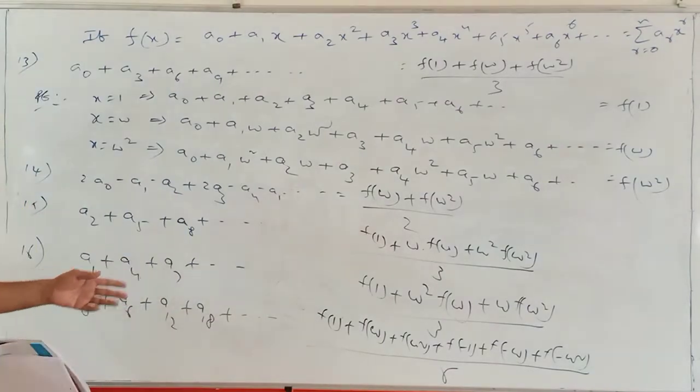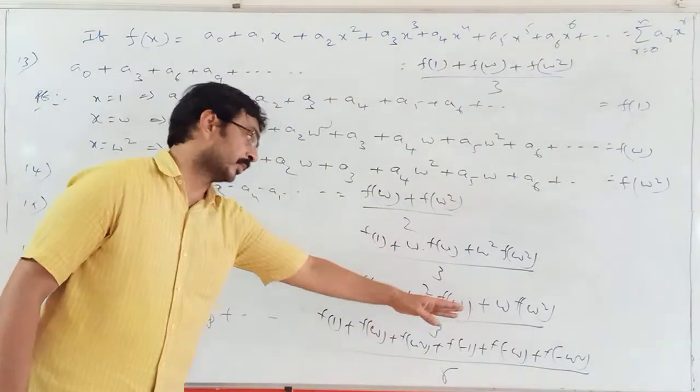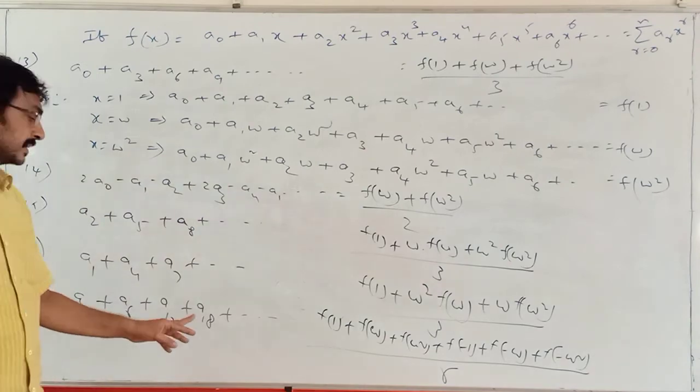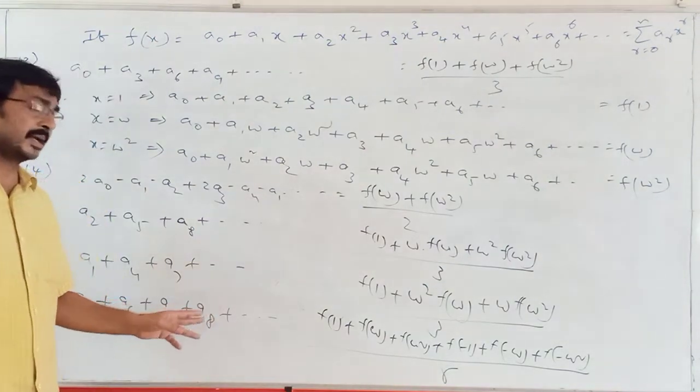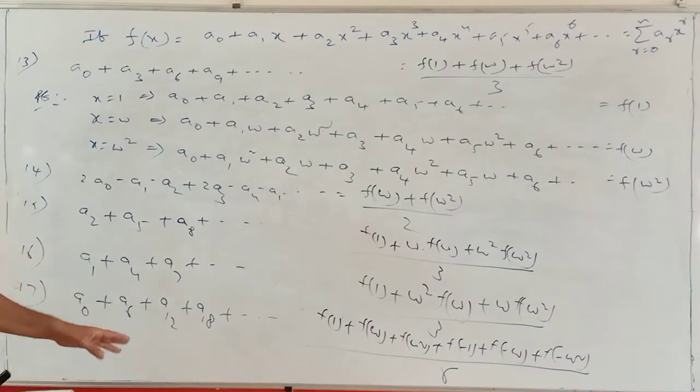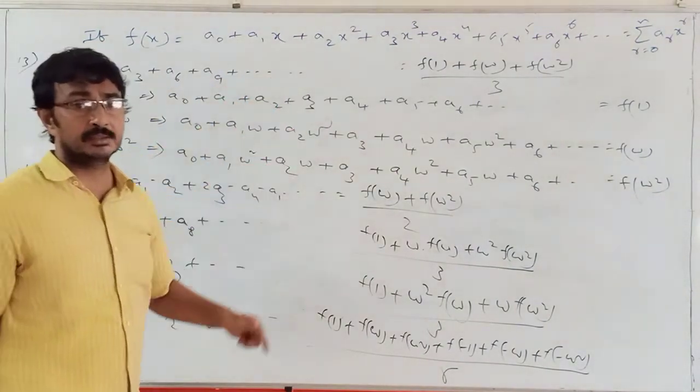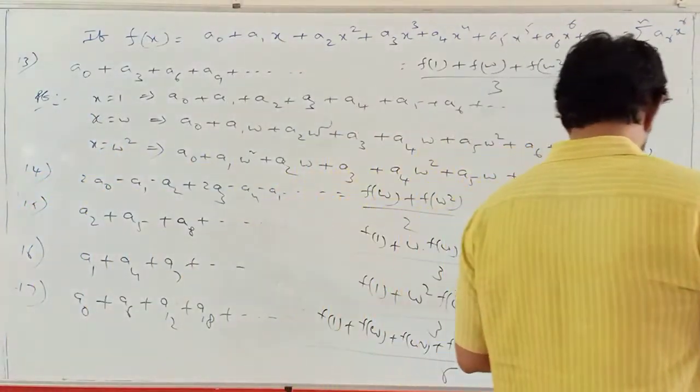So by using this, by using the numerator operation, get 6 times of a0 plus a6 plus a12 plus a18 and so on. So by dividing the 6 on both sides, we get the required. So these are applications of this 13th one. So 17 completed.